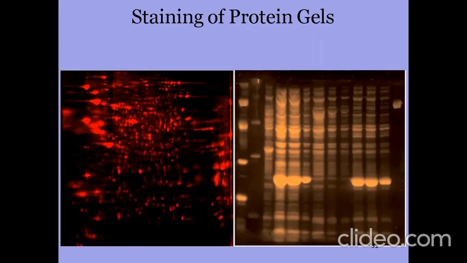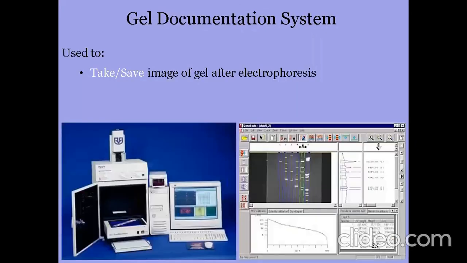ठीक हो गया. And next is gel documentation system. So we can use some automated system in order to document our gel, to take and save an image of the gel after electrophoresis.